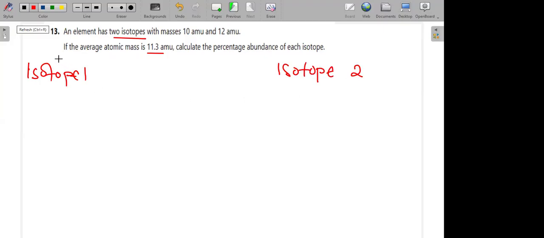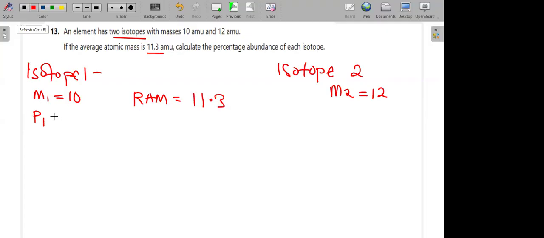Isotope 1 has a mass of 10, isotope 2 has a mass of 12, and the average atomic mass, or the RAM, has been given as 11.3. Now they want us to find the percent for 1, which we don't know, and the percent for 2, which we also don't know.